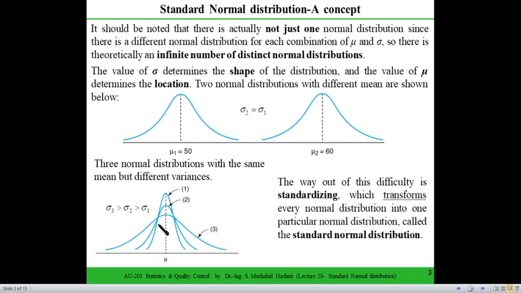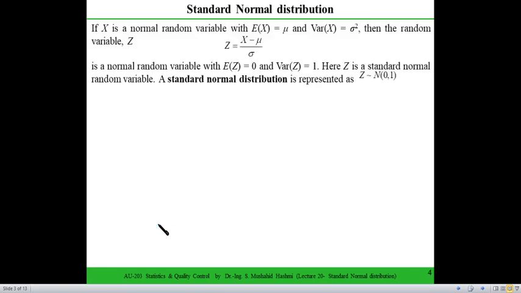What we need is to get rid of this difficulty, and we call that standardization, which transforms different normal distribution curves into one normal distribution curve, and that particular curve we call the standard normal distribution curve.